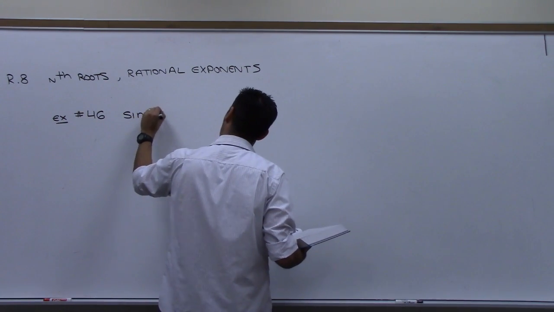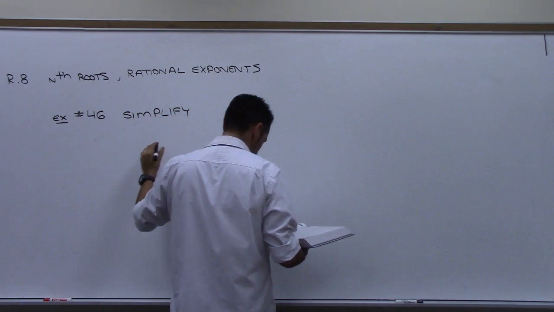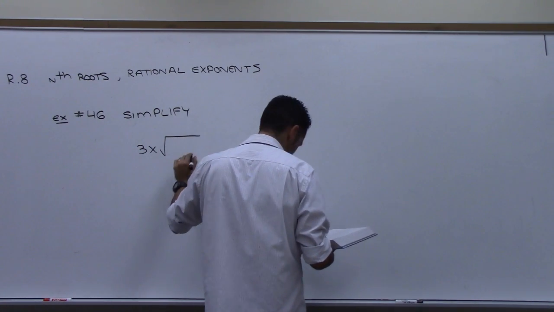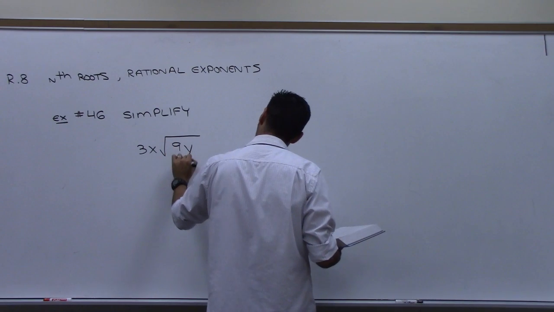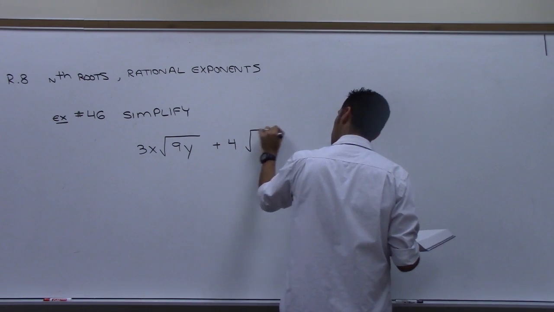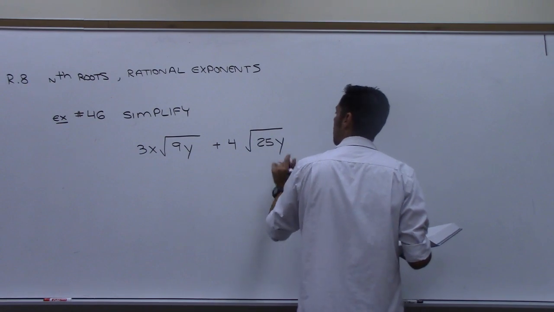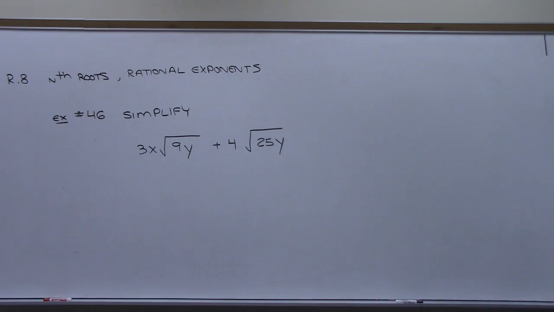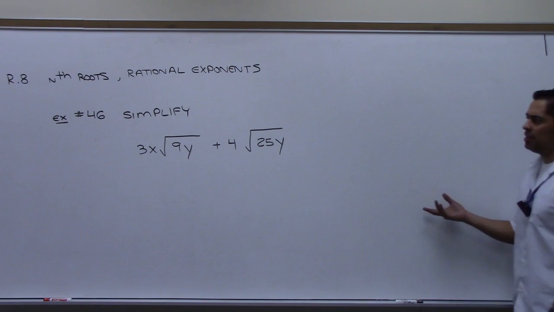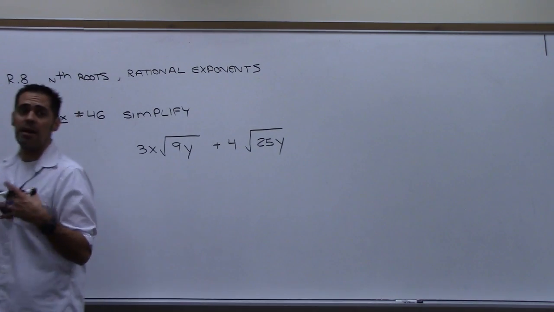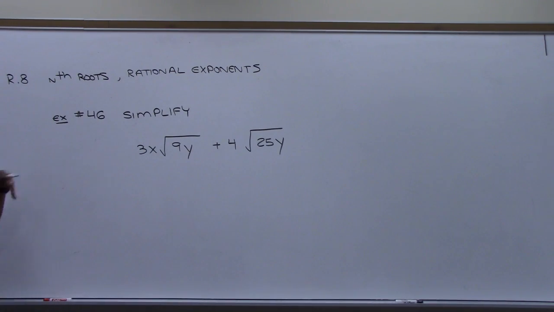Simplify the following expression: 3x times the square root of 9y plus 4 times the square root of 25y. The purpose of this question is to make sure we're all clear on when we can and cannot combine things together that involve roots.